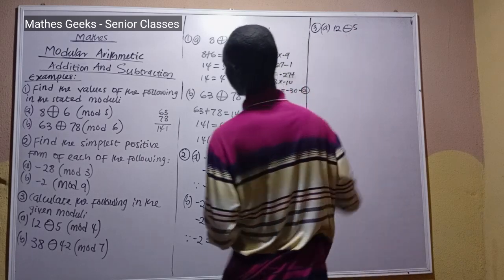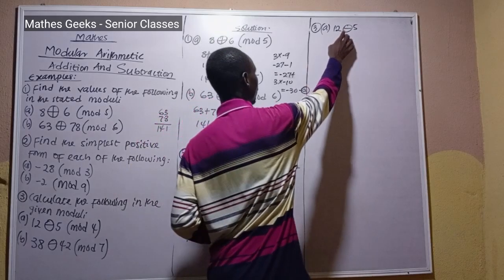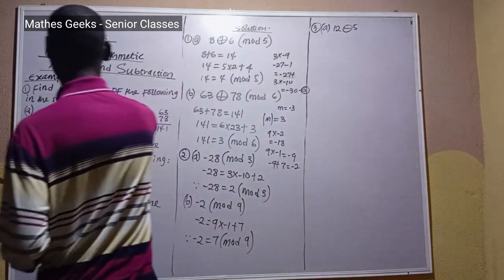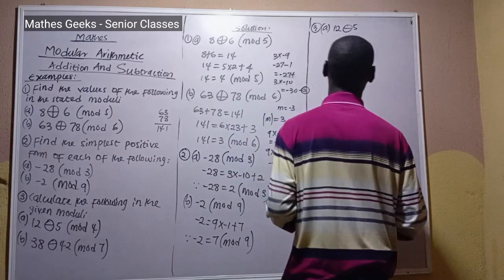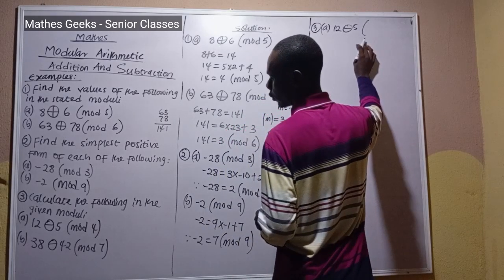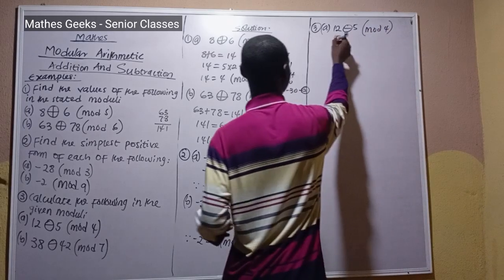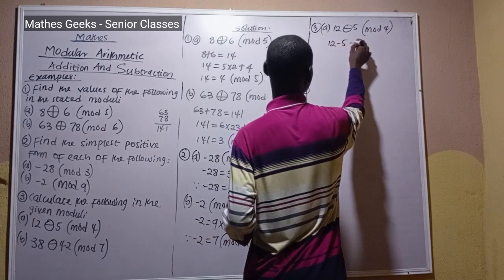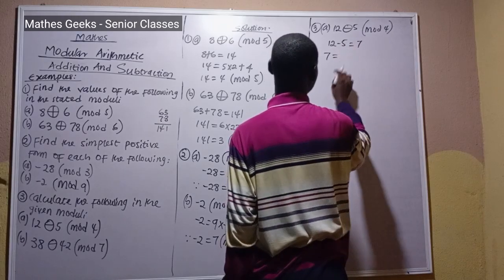So this symbol, just as this one, this one means subtraction and this one means addition. So it's just another way of writing subtraction in modular arithmetic. So 12 minus 5 mod 4. 12 minus 5 is equal to 7. 7 in mod 4.